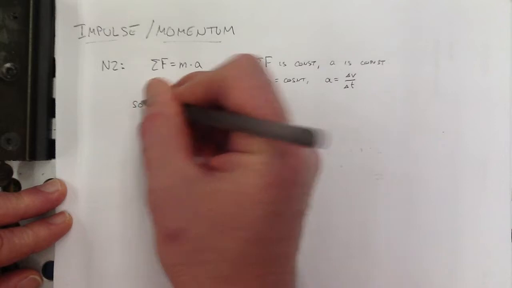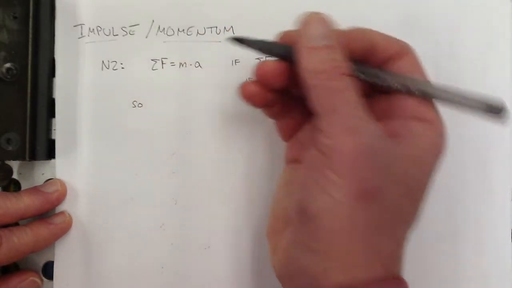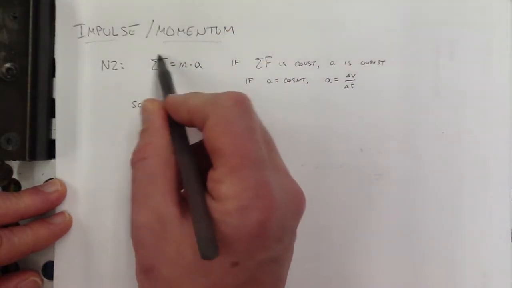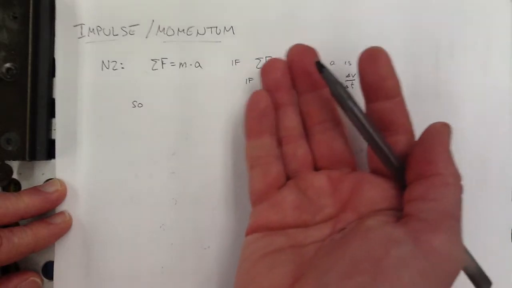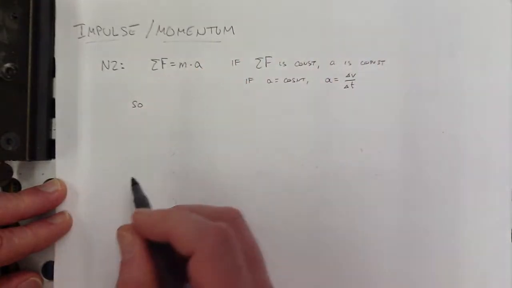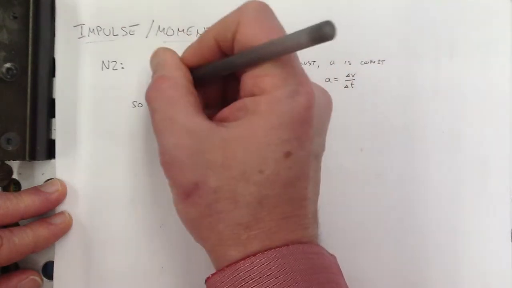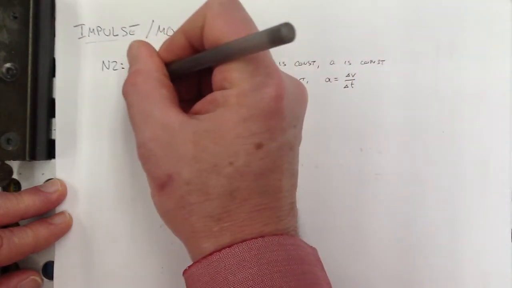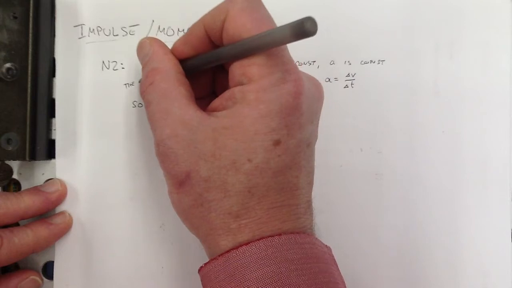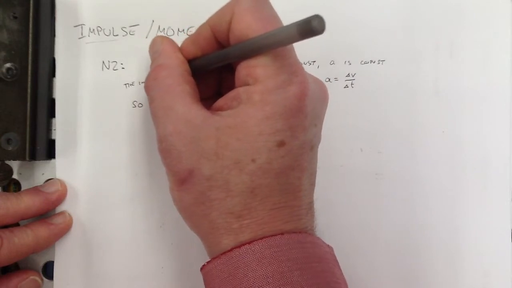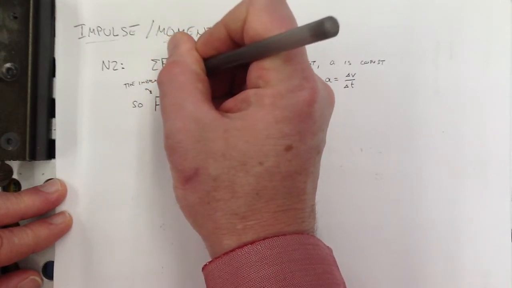Right? So let's just say that the sum of all forces, let's just say there's one force. Let's just isolate the unbalanced force. Call that the imbalance.